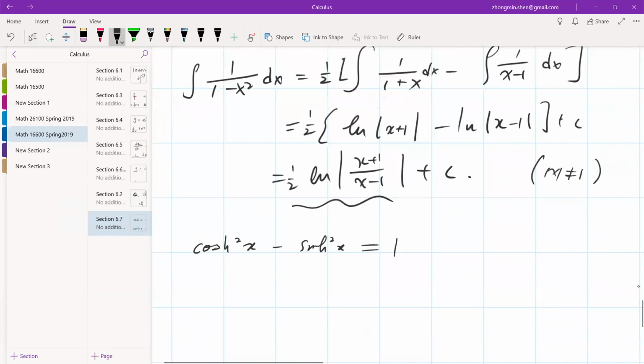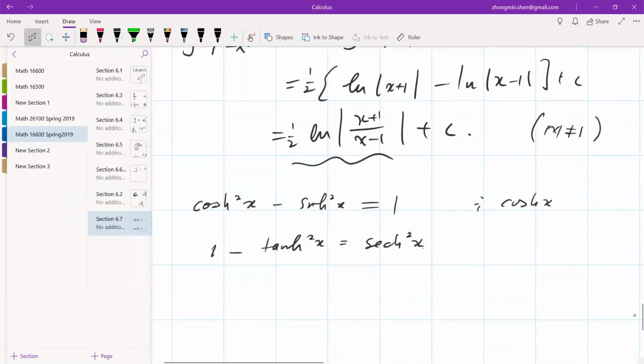Now, if I divide both sides by hyperbolic cosine x, what do I get? 1 minus, and that is going to be 1 over hyperbolic cosine x. That will be hyperbolic tangent x. So this is a formula that tells you the relationship among those quantities.